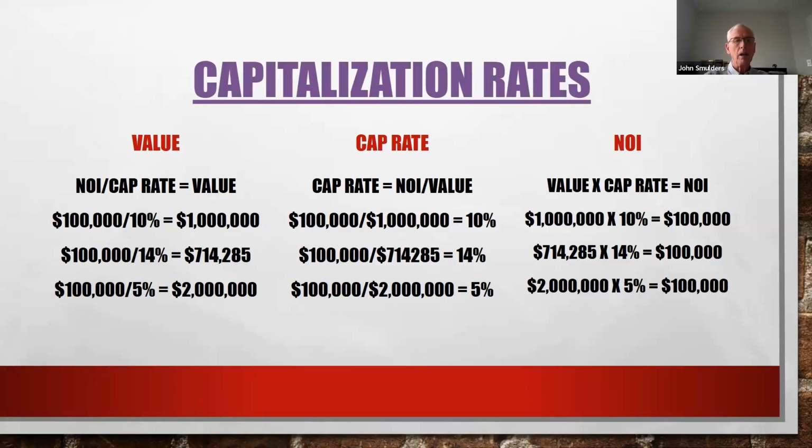Whereas if you have the same NOI, but the cap rate is 14%, look what happens to the value of your business. Why is that? That is because cap rates are a measure of risk. Please do not forget that a business that's promising you 14% is a riskier business than the business that is giving you a 5% return.